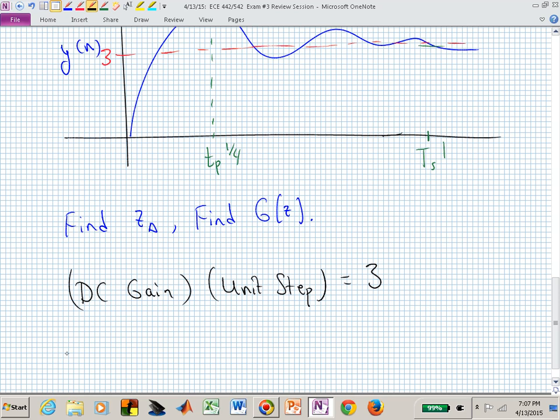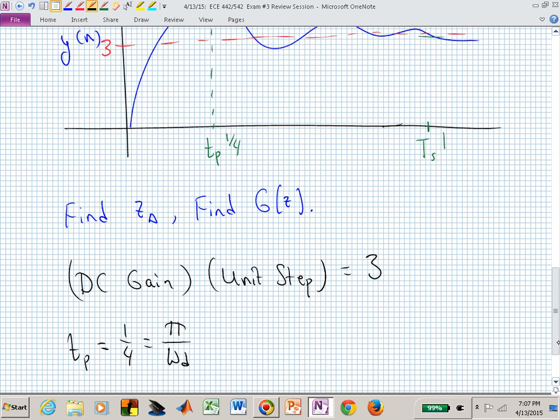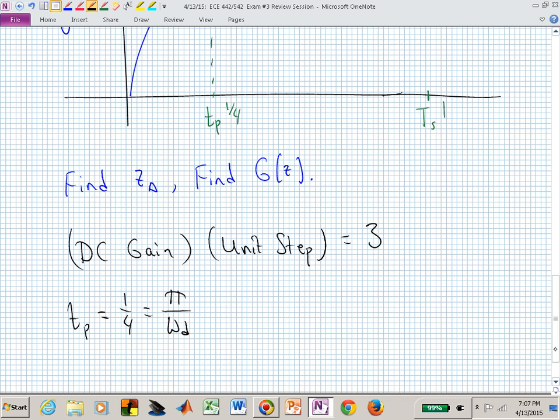And you also might now say, the time to peak, if that's 1/4, well, time to peak from the analog setting that you've been playing with is pi over omega sub d, but you know how omega sub d is related to the angle in the z-plane, this theta sub d.